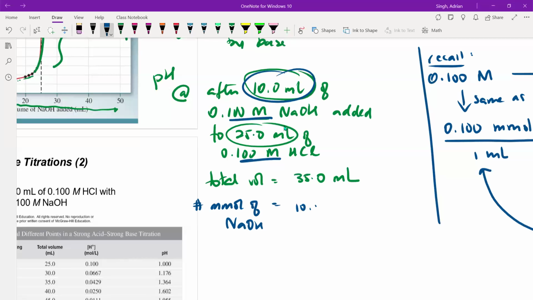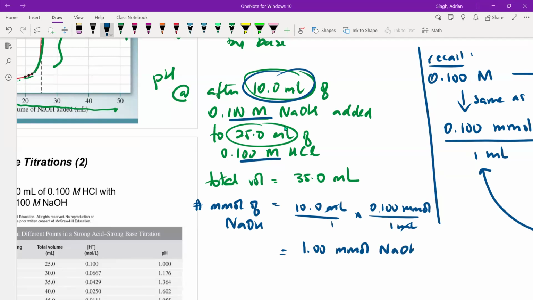So 10.0 mL times the concentration, which is 0.100 millimoles of the NaOH per mL. That's going to give 10 times 0.1, which is 1.00 millimoles of the NaOH initially.